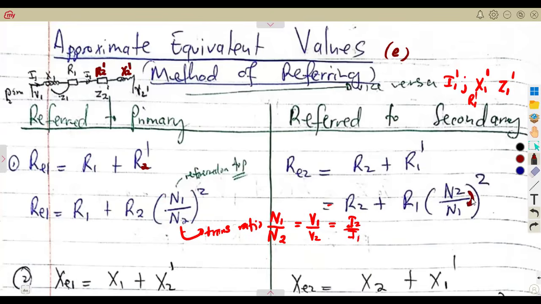This is the opposite, you're opposing. So if it is N2, you're going to change V2 over V1, I1 over I2; you have to interchange for you to have N2 over N1 as referred to the secondary side. So for the primary, N1 is on top; for the secondary, N2 is on top. So this is what you're going to have.